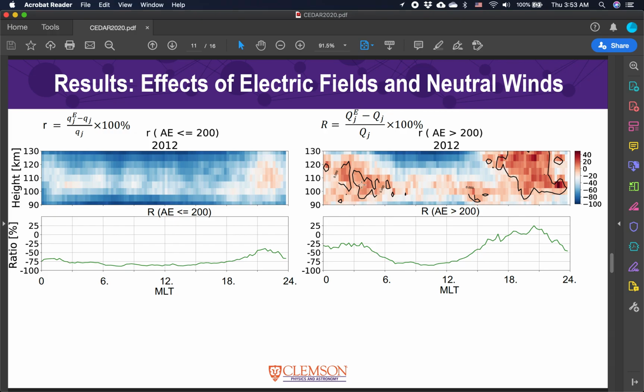And also from the height-resolved result, we see that in the evening and post-midnight sectors, large ratios appear in a larger range, and during the daytime, large ratios appear in a narrow range around 110 kilometers.